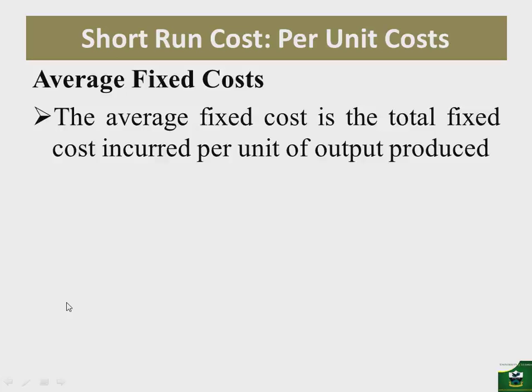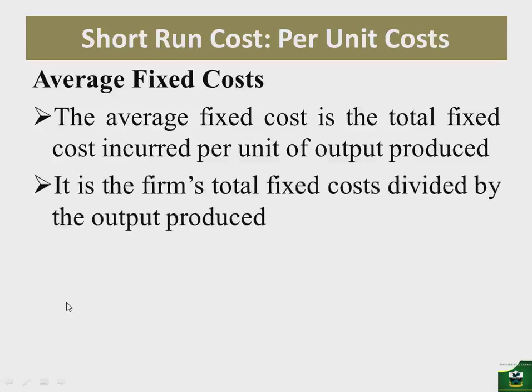So it's simply the fixed cost divided by the output that the firm has produced. In an equation form, average fixed cost is equal to total fixed cost divided by Q, where Q is the output that the firm has produced.